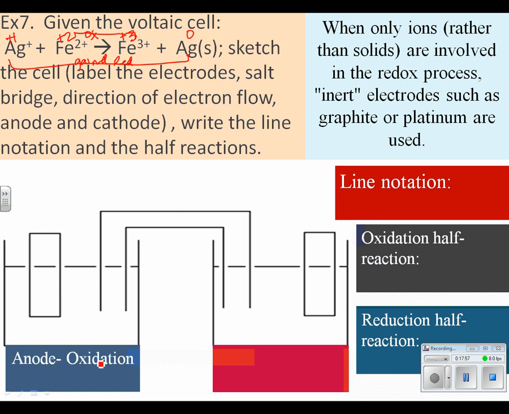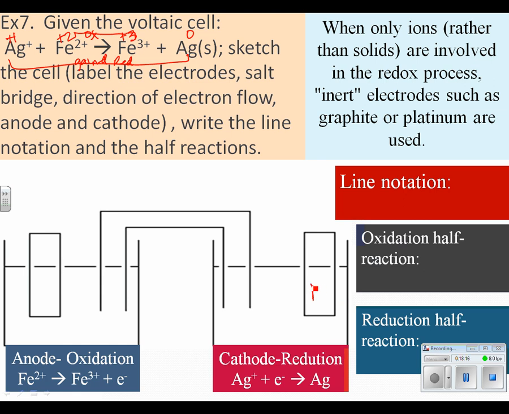If I'm going to label the anode over here for oxidation, and then label the reduction on the other side, that would mean I'd put my iron on the left, and I'd put my silver on the right.